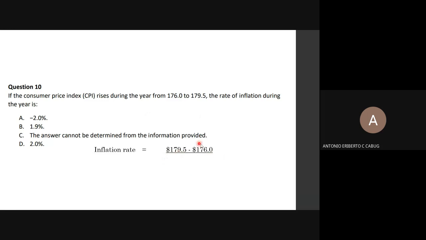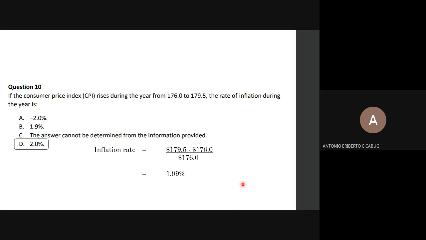That's an increase of 3.5. Obviously, divide this by the starting CPI, the beginning CPI, para makuha natin yung percentage increase. This is 1.99%. Therefore, ira-round off natin sa 2. 1.99 yan ha. So round it off to 2%.